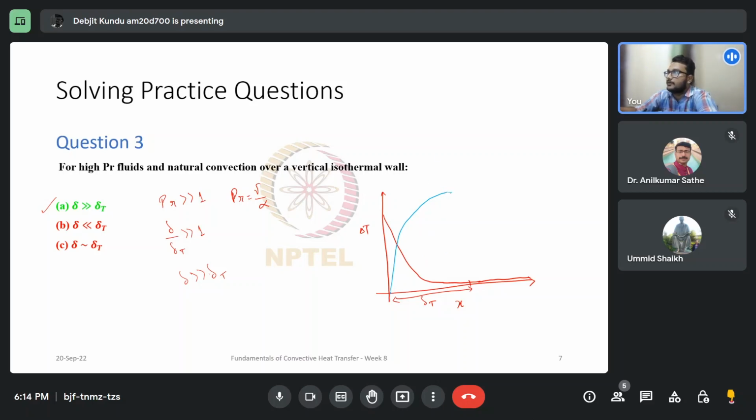Beyond the thermal boundary layer as well, there would be a layer of fluid which will be pulled along with the accelerating fluid near the wall. This distance we can call delta, and this delta would be much greater than delta T for Prandtl number greater than 1.